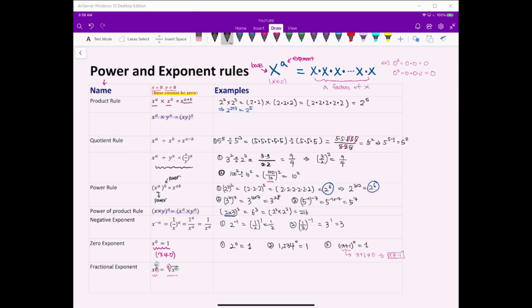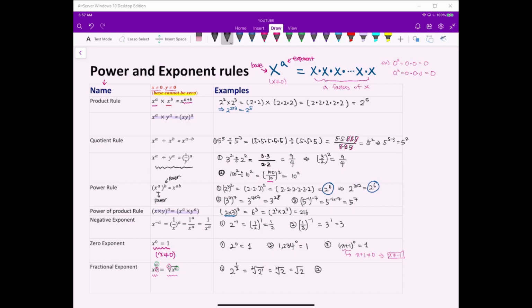For example, when we are given 2 to the 1/2 power, then you can write that as square root of 2 to the first power, which is just the square root of 2. You don't need to write the 1 in front of the square root sign.